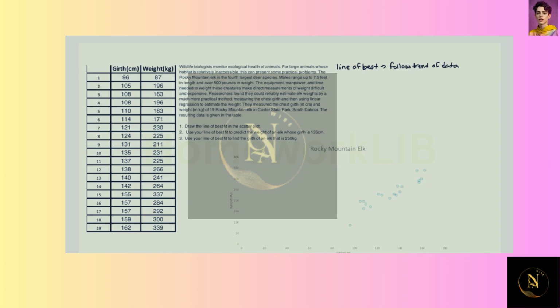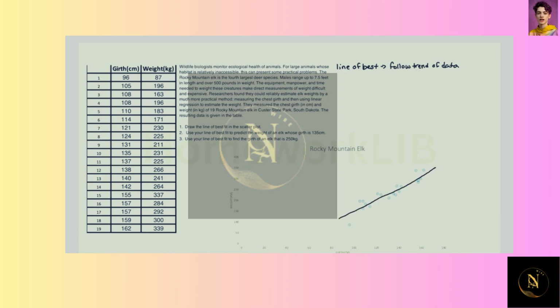For example, I'm just going to freehand this one. I'd be drawing my trend in my data kind of like that, except actually, I feel like it's still a little off. You want to try to be in the middle of the data as much as possible. So that's how you would draw your line of best fit.